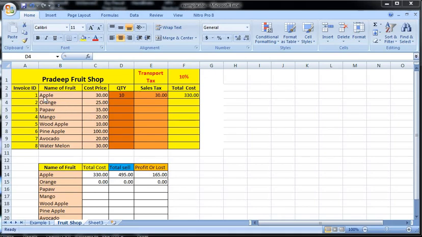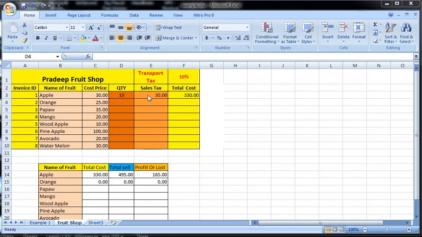Now over here I have an apple and the cost price is 30, and I have a quantity of 10 apples, and I have got a sales tax of 30 rupees, and my total cost for these 10 apples is 330.